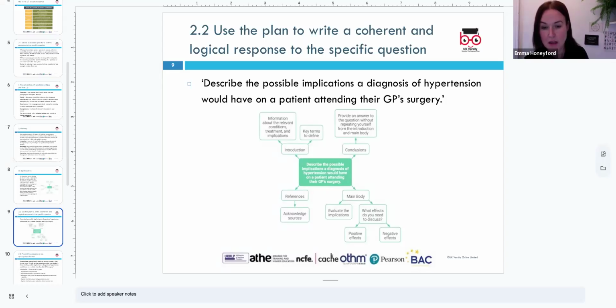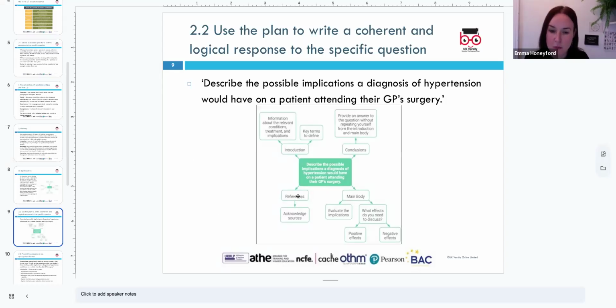So you evaluate the implications. What effects do you need to discuss? Any positive or negative effects? And then your conclusions, in which you will provide an answer to the question without repeating yourself from the introduction and main body. So the conclusion needs to be new. It doesn't need to present any new arguments. It needs to mostly evaluate those arguments that you have previously spoken about.